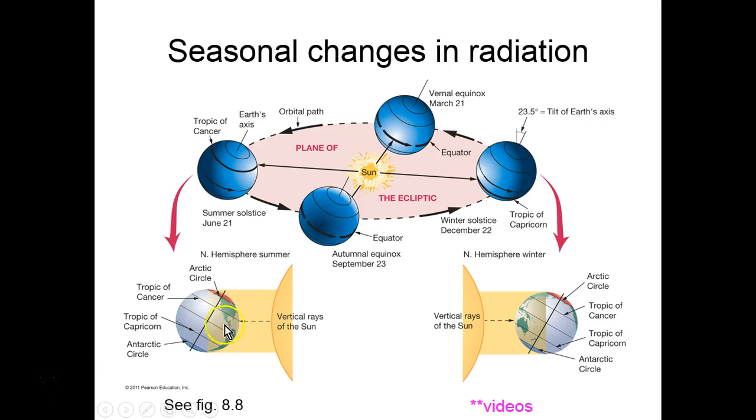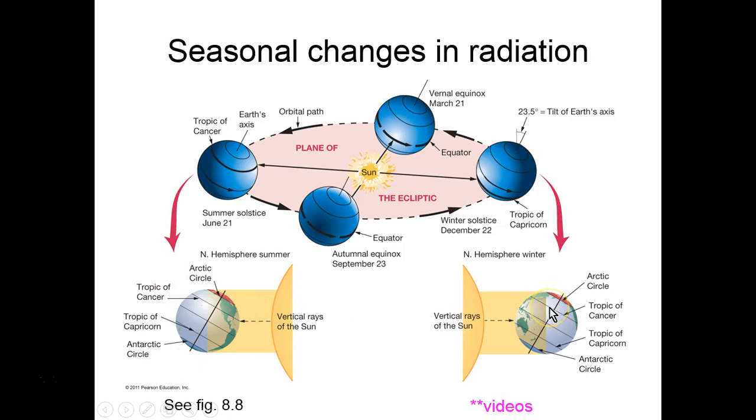Even as the Earth is rotating over the course of a day, it's never angled away from the sun, and therefore it has 24 hours of day. The opposite would be true for the southern hemisphere. As the Earth rotates, the southern hemisphere is always angled away from the sun, so over the course of the day, it's always dark.